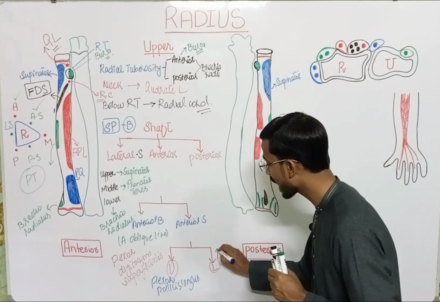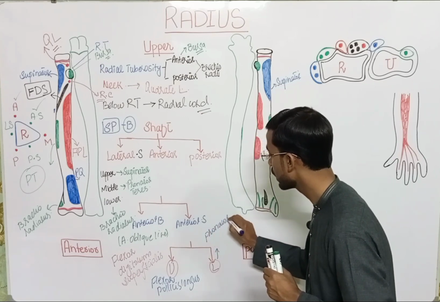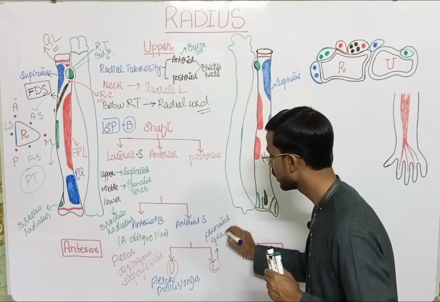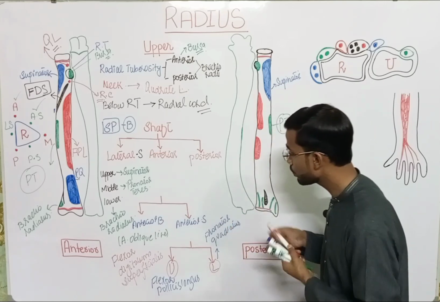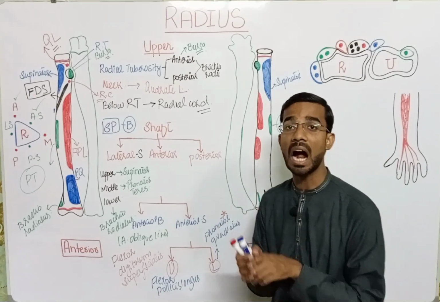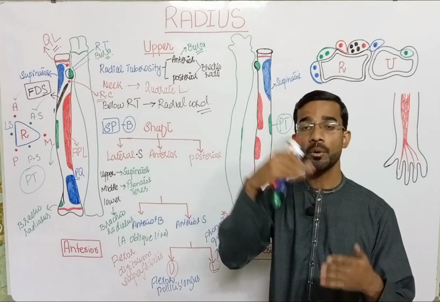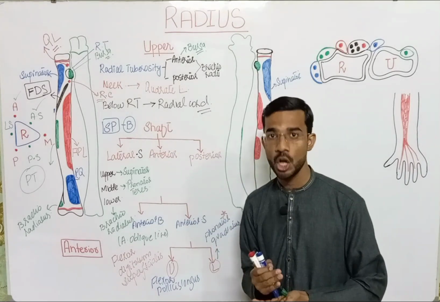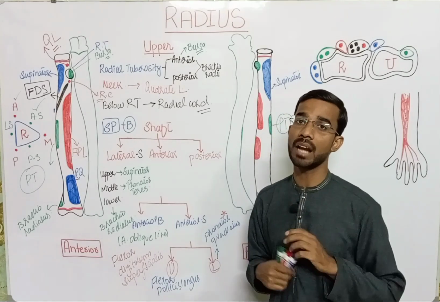And at the lower side, you will see the pronator quadratus muscle. Now, this pronator quadratus muscle is very much important. The radial artery passes over the pronator quadratus muscle. So in that situation, we can easily palpate the radial artery.